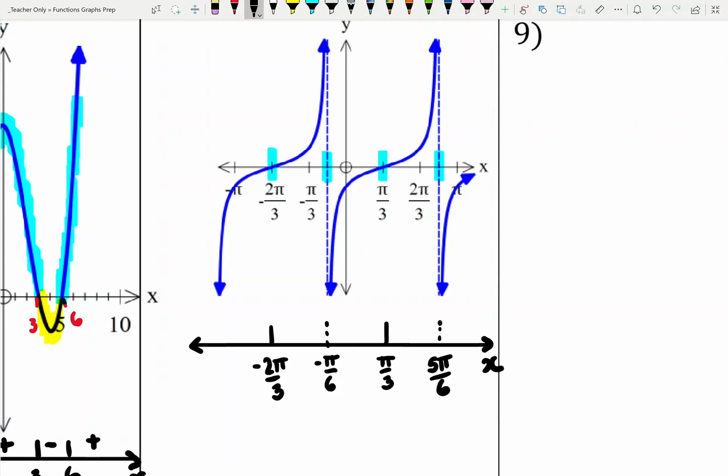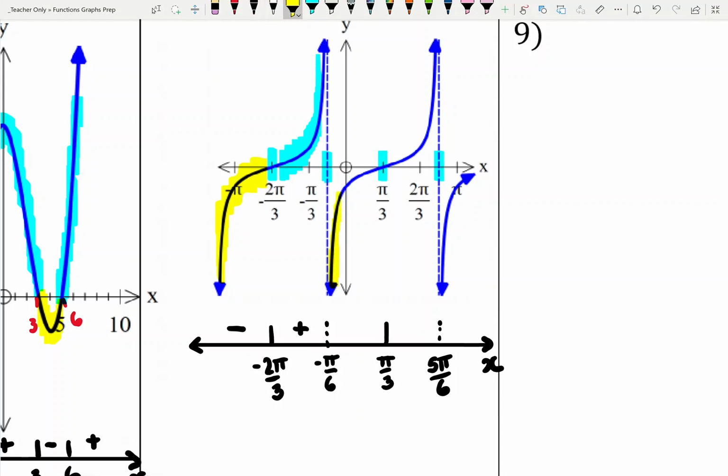From there we just look at the regions above and below the x-axis. Here it's below the x-axis, so we get a negative. Between negative 2 pi on 3 and negative pi on 6, it's above the x-axis, so it gets a positive.